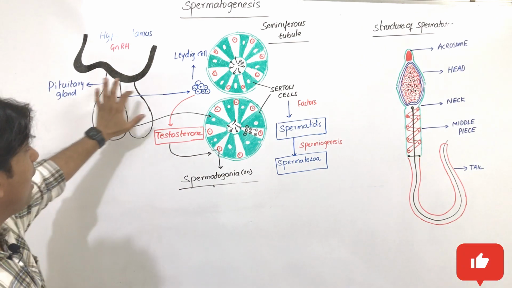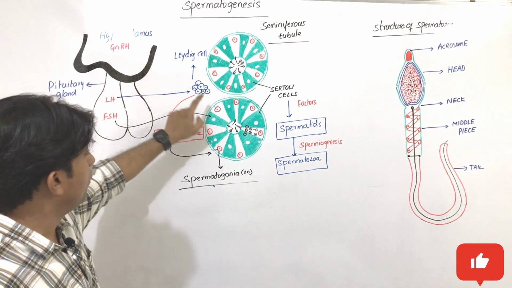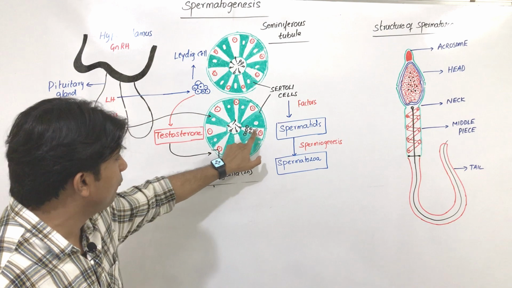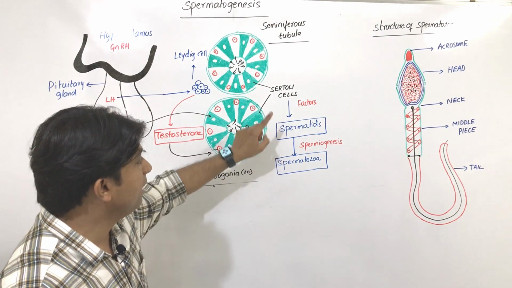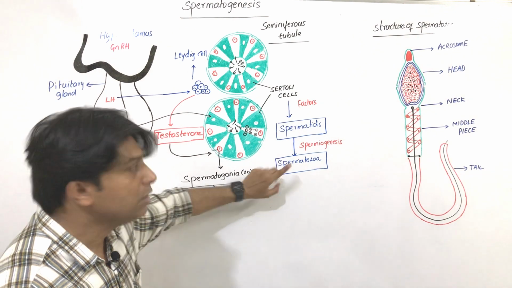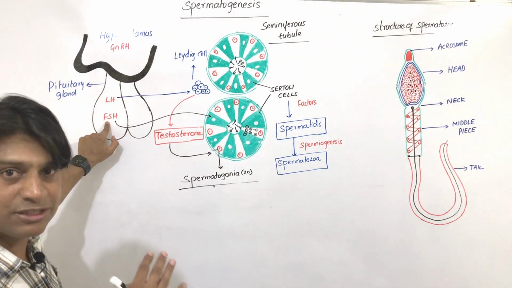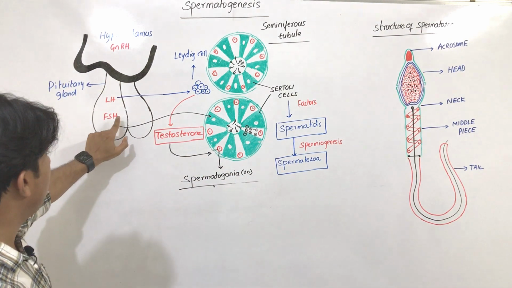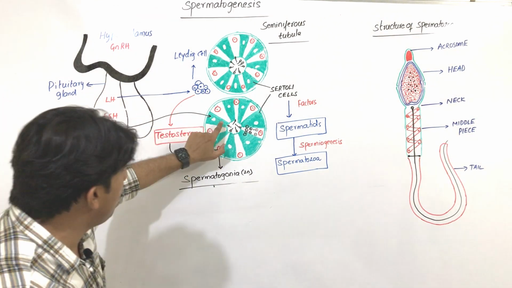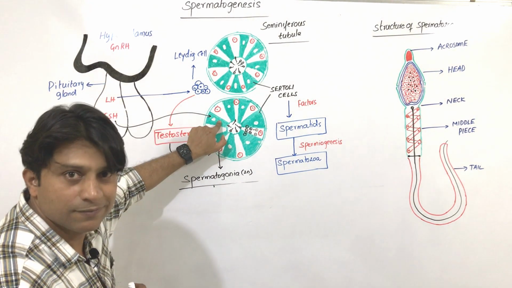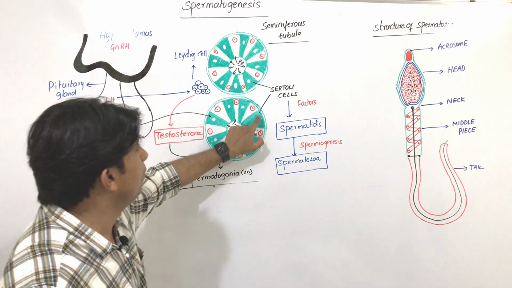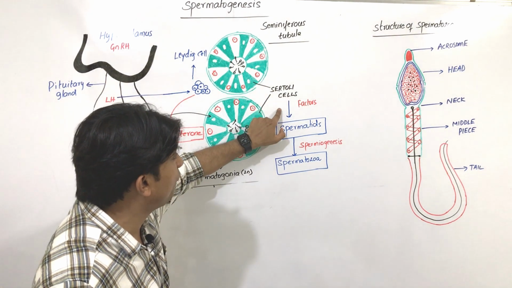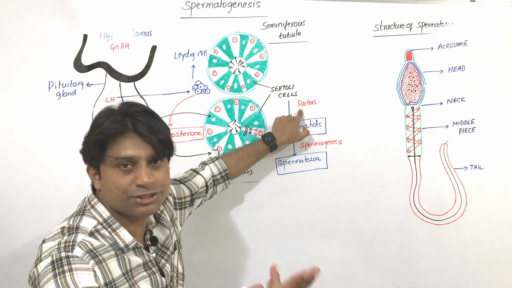Now LH acts on Leydig cells, which makes this spermatogonia get transformed into finally sperm. That is, first spermatids are formed, later spermatid becomes spermatozoa. So what is the role of the FSH? Follicle stimulating hormone acts on Sertoli cells, and when it acts on Sertoli cells, it stimulates the Sertoli cells for formation of some factors.